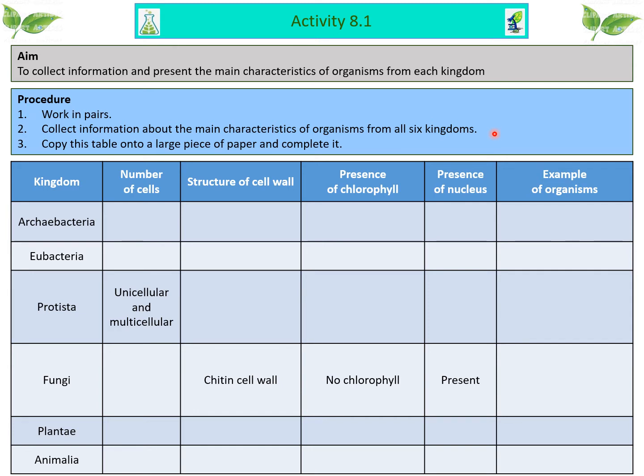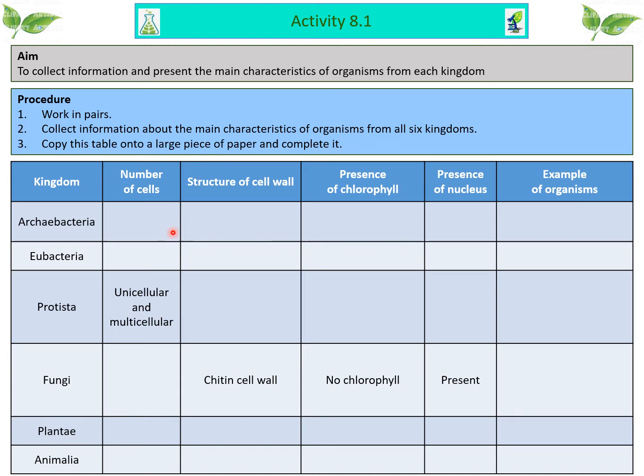Okay, we do it together. From this table, the kingdoms are Archaebacteria, Eubacteria, Protista, Fungi, Plantae, and Animalia. The columns are number of cells, structure of cell wall, presence of chlorophyll, presence of nucleus, and example of organism.